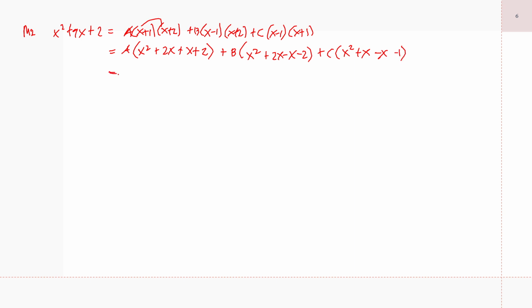So equate, this one is 3x and this one is x and this one is 0.